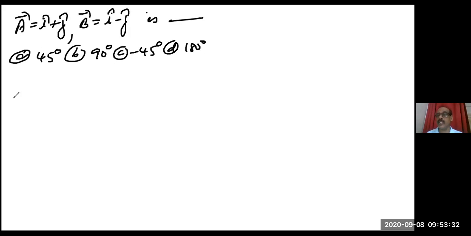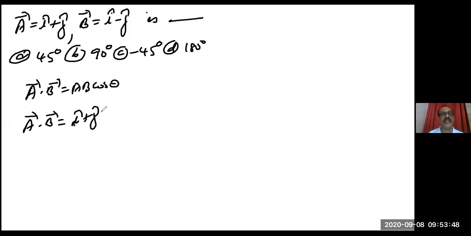Here we can take the dot product. That's easy. A dot B is equal to AB cos theta. So what is A dot B here? A dot B is equal to i plus j dot i minus j. Here i into i, 1.